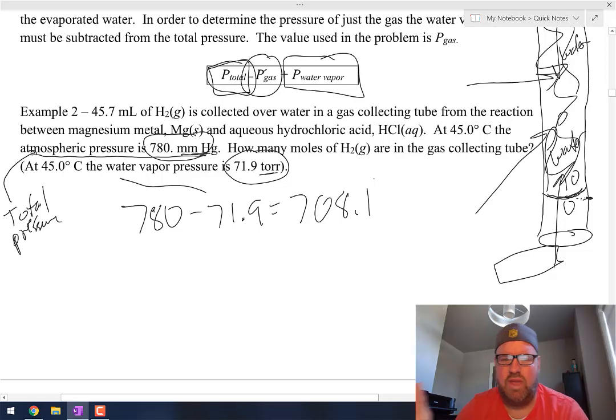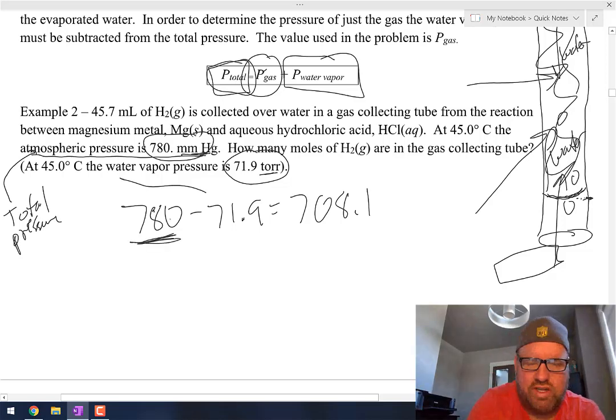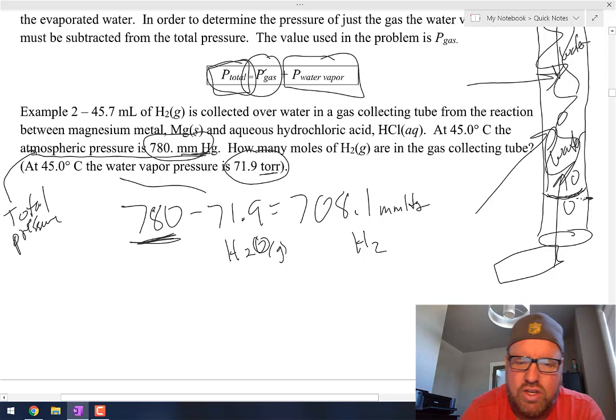So again, what that means is that of the total pressure inside that container, 708.1 millimeters of mercury are due to the hydrogen. And again, about 10% of that is due to the water vapor pressure of the water, H2O gas.